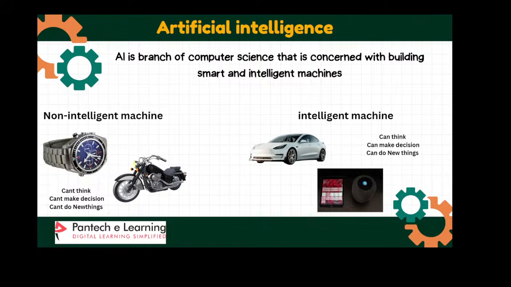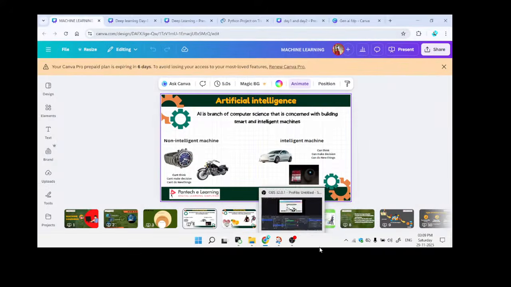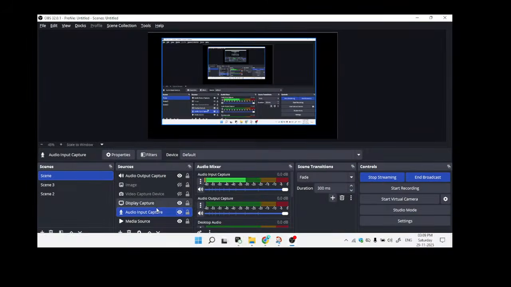This is the process of human intelligence. The machine can do the same thing, taking decisions and understanding things. This process all comes from artificial intelligence.